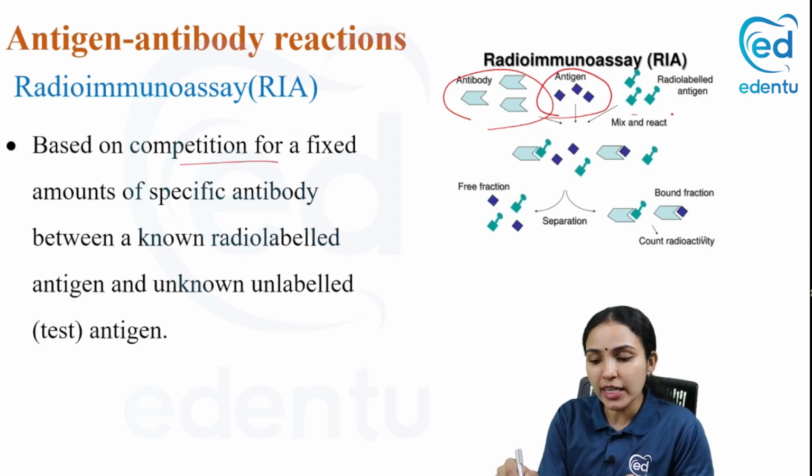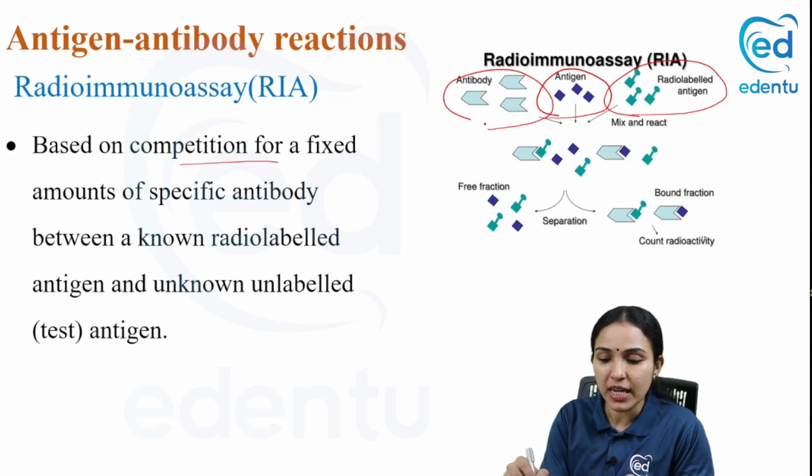Then you add the radio-labeled antigen to it. If the antigen in the serum is very little, all of the radio-labeled antigen will come and bind to these antibodies, so you have a lot of radioactivity. That indicates the patient's serum does not have much of the antigen of interest. Whereas if the antigen is present in plenty in the patient's serum, all of it would have bound to these antibodies, and no antibodies will be free to bind to the radio-labeled antigen, so you won't get much radioactivity.